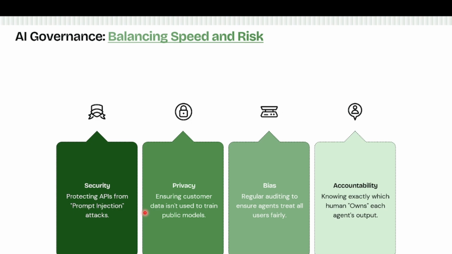That is not an empathetic way of communication. So agents should be audited to make sure they interact with users politely. Accountability: know exactly which human owns each agent output.